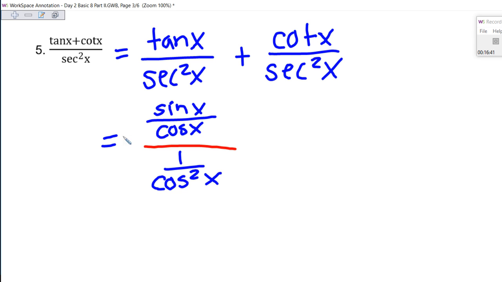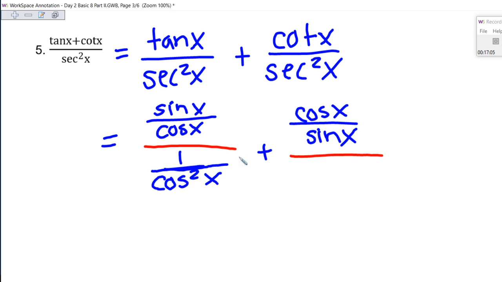Don't forget that square. Now instead of cotangent, what could I use for cotangent? 1 over tangent, but I want everything in terms of sine and cosine. Yeah, so use cosine over sine. And we already said instead of secant squared, make sure it's 1 over cosine squared of x.